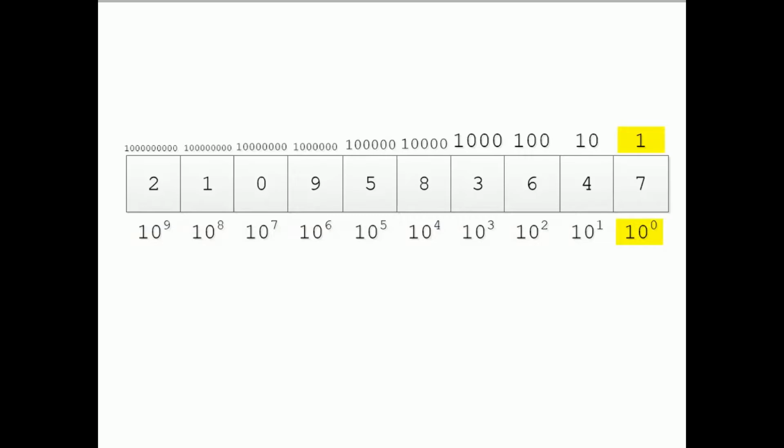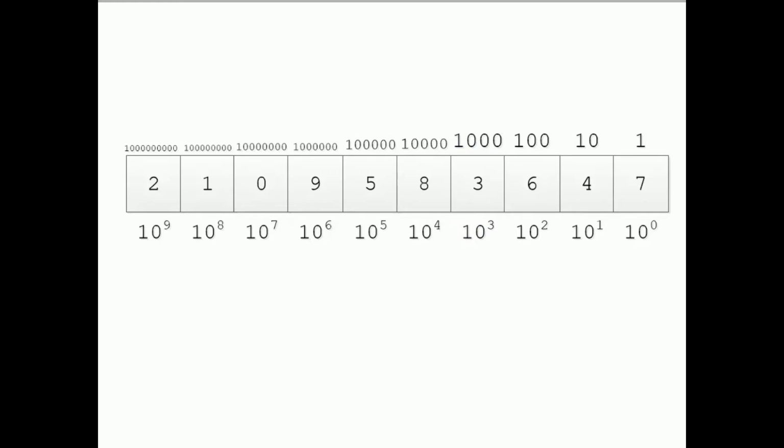10 to the 0th power, or 1, is the first position, the ones place. 10 to the first power, or 10, is the second position, the tens place. 10 to the second power, 10 squared, or 100, is the third position. 10 to the third power, or 10 cubed, or 1000, is the fourth position, and so on.